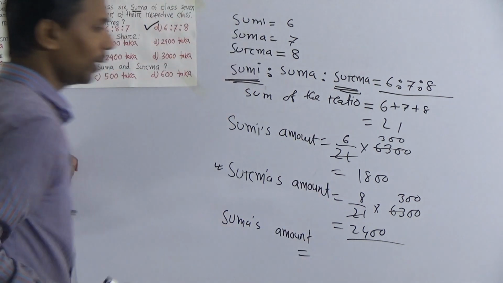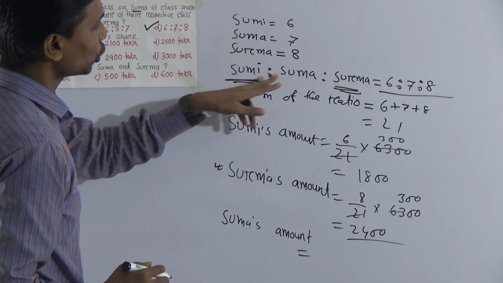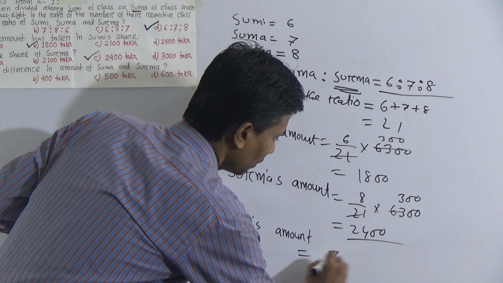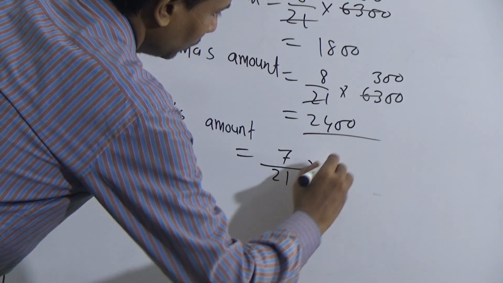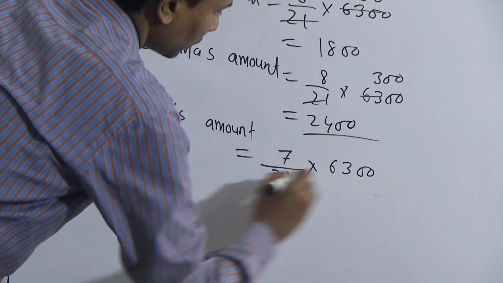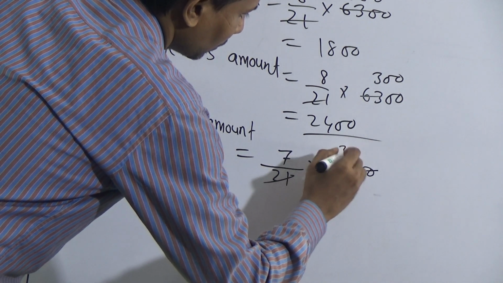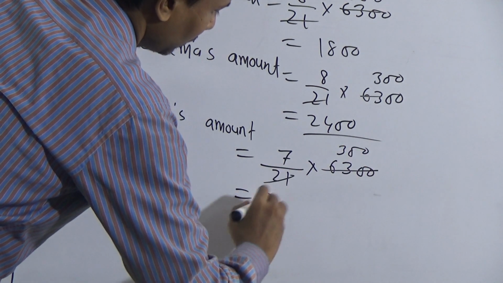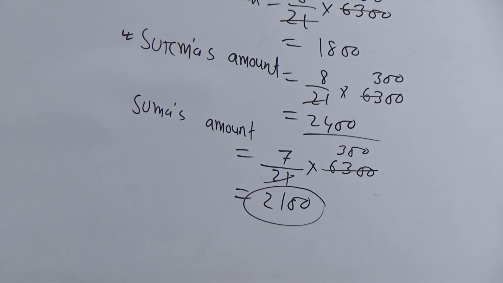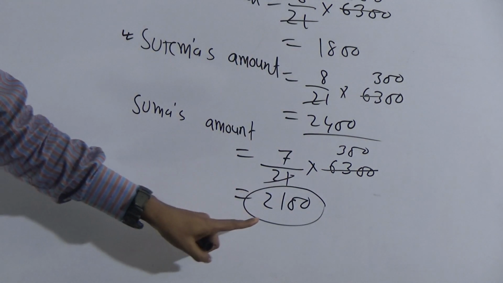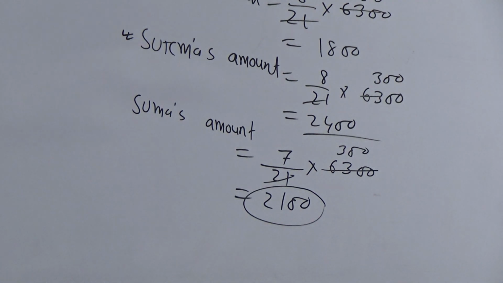Shuma's amount, how much? Shuma, that means 7/21 into 6300, multiply 21. That means Shuma's amount is 2100 taka.